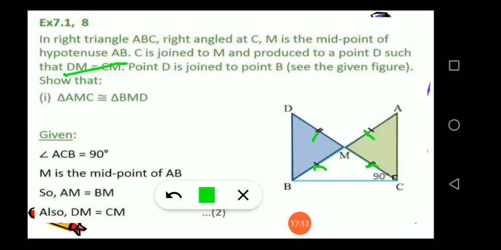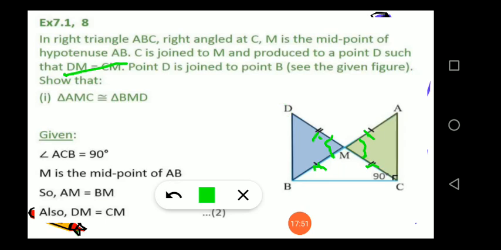Now anything else we can say? Yes, we can say that in both the triangles, angle M is equal to each other because they are vertically opposite angles. So what we get here, we get the three parts of a triangle which are equal, and they are forming again a pair of SAS. Hence by SAS these two triangles are congruent. So you have to write all the things.